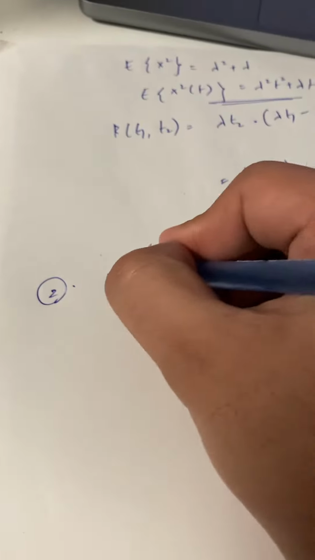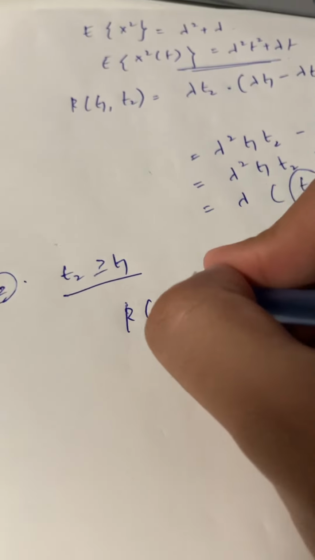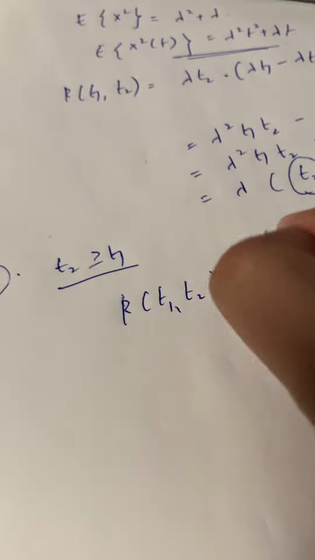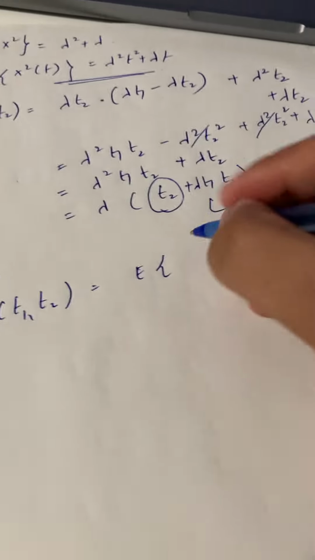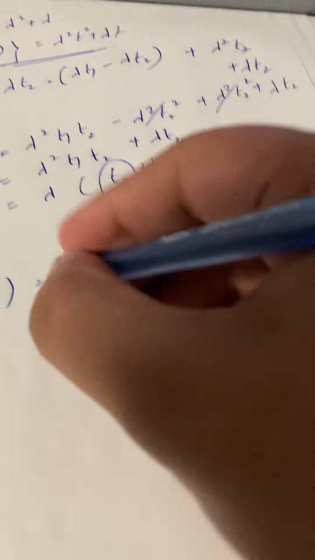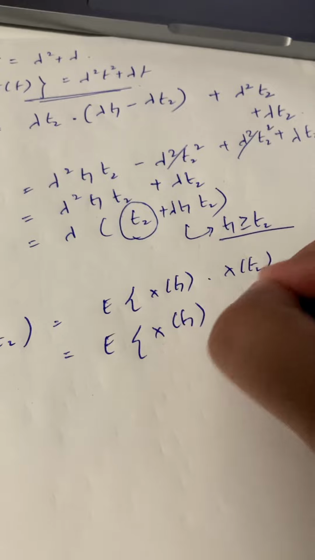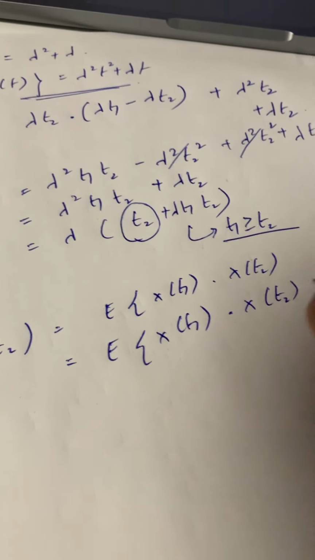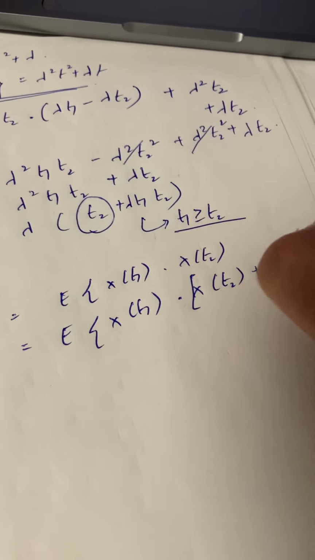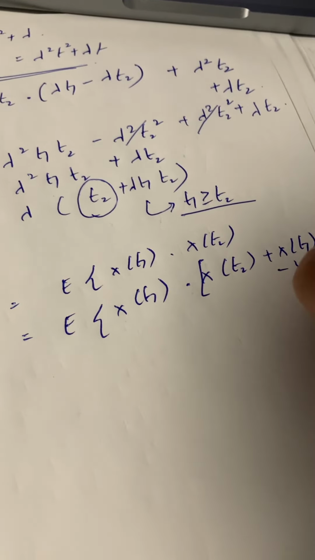Now consider the second part where t2 is greater than or equal to t1. In this case also the R of t1 comma t2 can be written as E of X of t1 into X of t2. This can be written as X of t1 into X of t2 plus X of t1 minus X of t1, sorry.